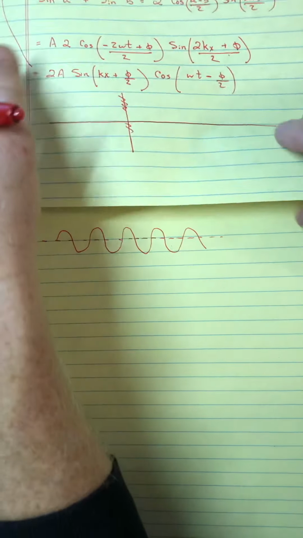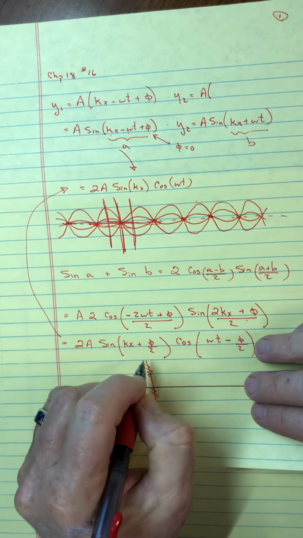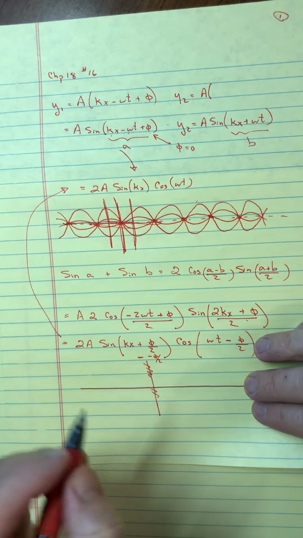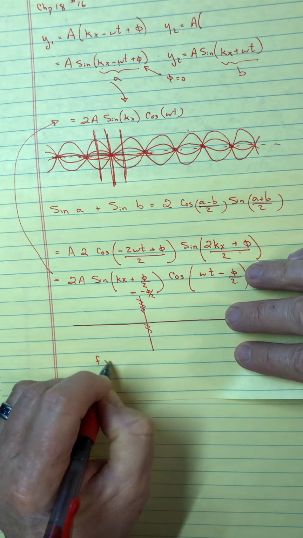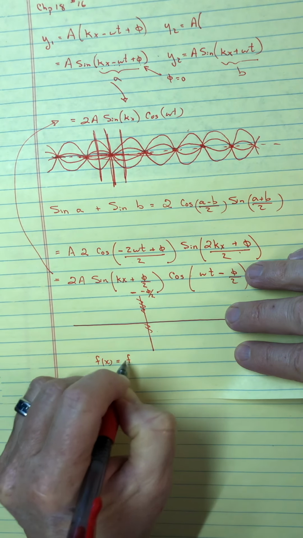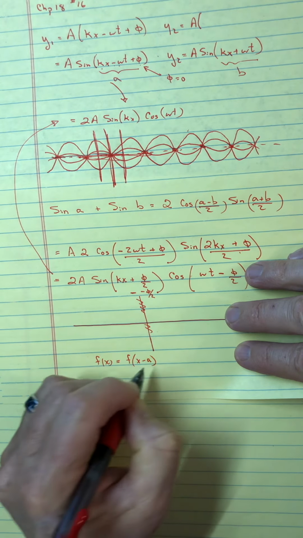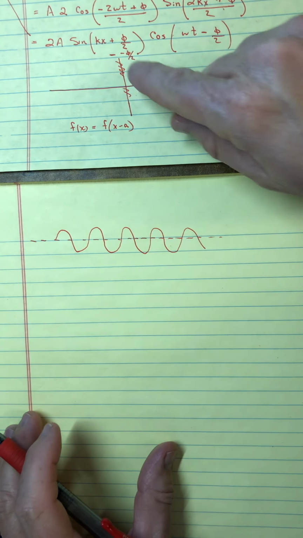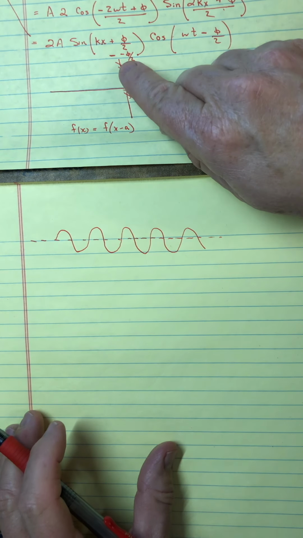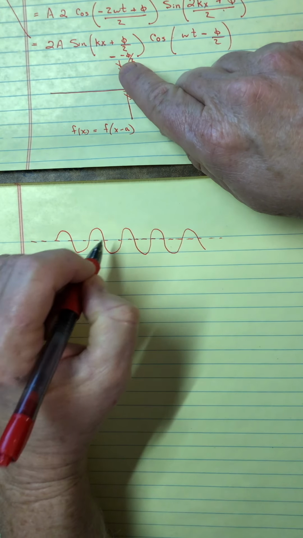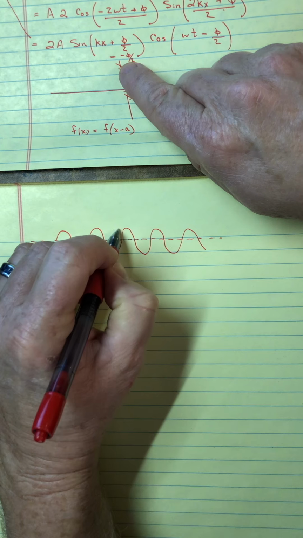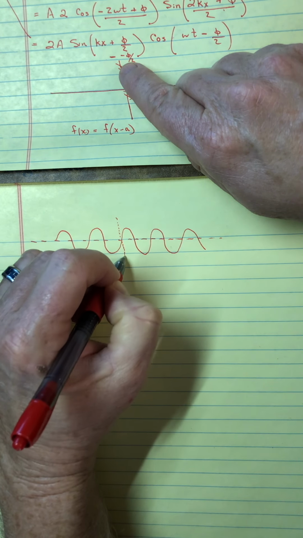In fact, maybe it's best to write this as a minus negative phi over 2, because we know from our algebra class that if you have f of x, then f of x minus a is that same function just shifted by a. So this is saying I would have a sine function, and a sine function normally would be, I'll put the origin right there for a normal sine function.